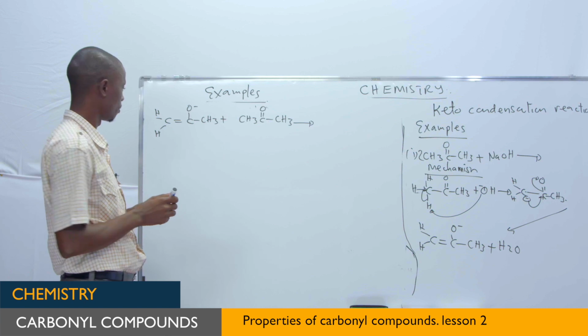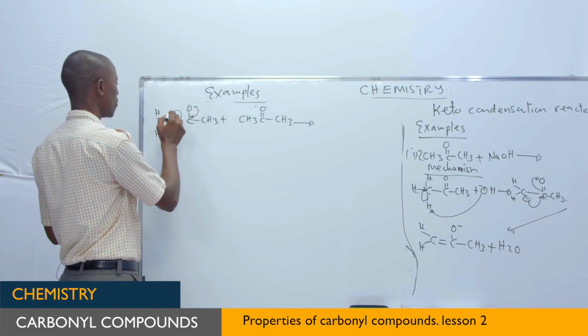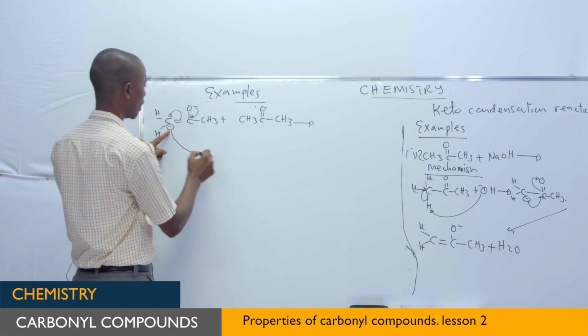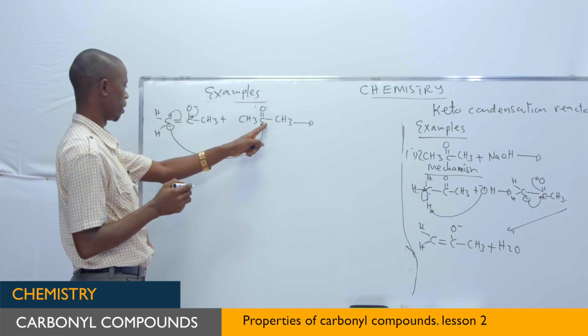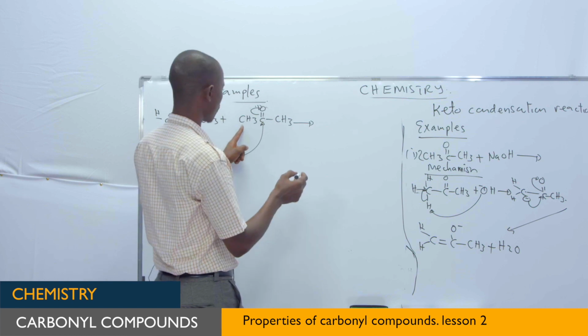What will be the product? This electron comes back here, and this pi bond electron moves to this oxygen atom. This carbon atom will attack this carbon here, and the electron will move that way. So what will be the products here?